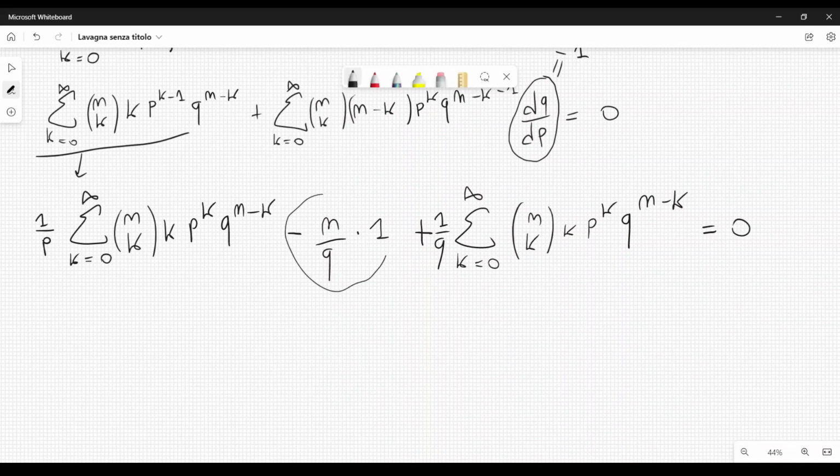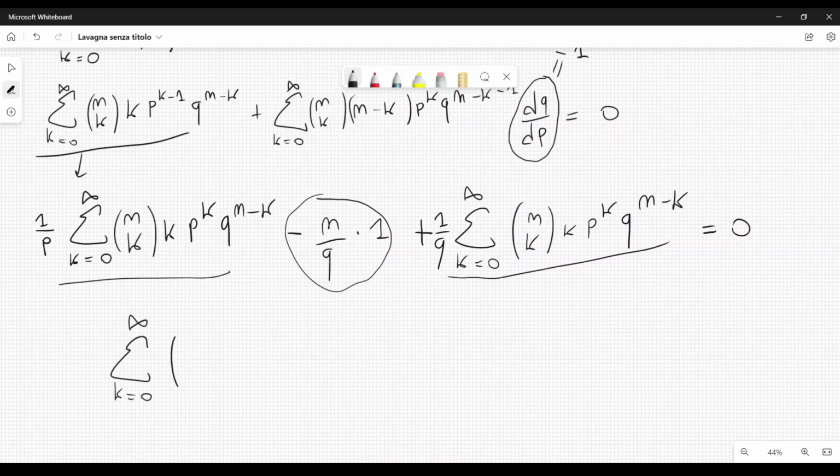And then I can put this to the right hand side, and I can sum this one with this one. So I have the sum with k going from 0 to infinity, n choose k times k, p to the k, q to the n minus k. I can multiply this by 1 over p plus 1 over q, and this is equal to n over q.